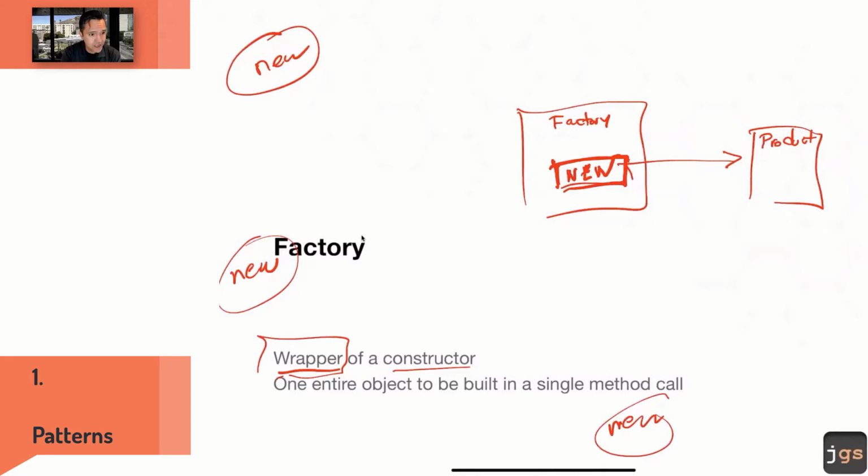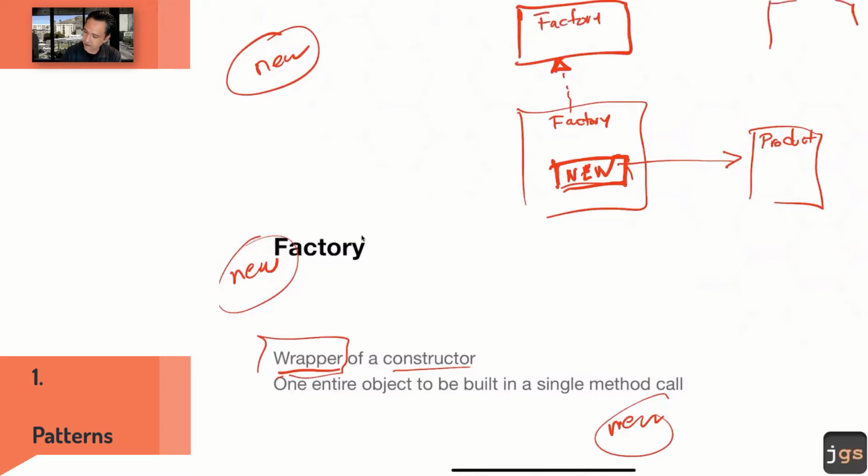Now, at this point, something that you will notice is all the patterns usually ask for classes and interfaces. Having interfaces is a very good practice. This pattern in particular, you're going to notice, we're going to have a class and an interface for the factory.